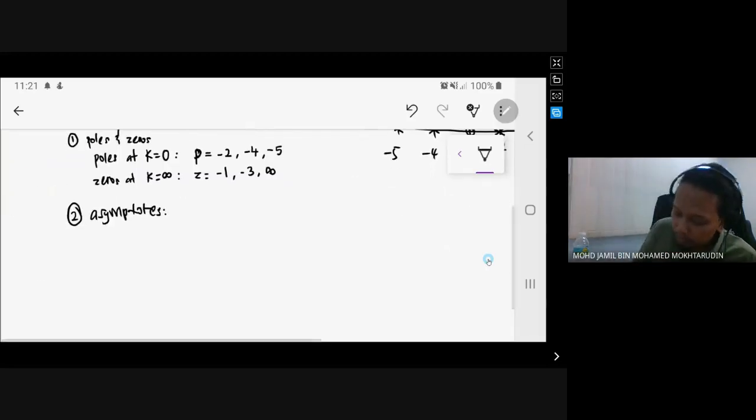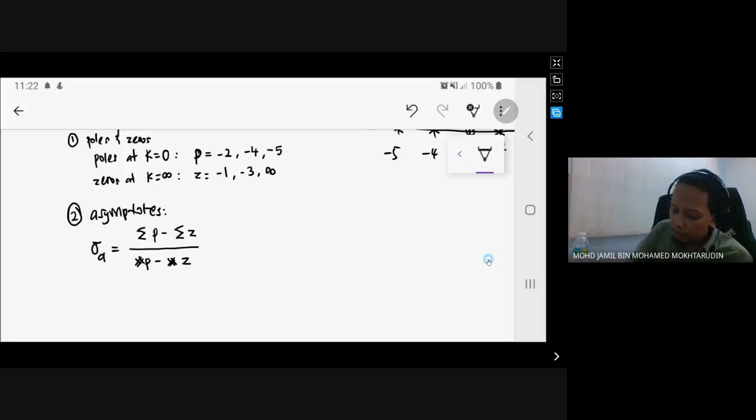Okay, asymptote. So the formula for sigma A is apa tadi? Sum of poles minus sum of 0 divided by number of poles minus number of 0. Okay, so poles kita ialah -2, -4, -5, minus 0, so -1, -3, divided by ada 3 poles minus 2 zeros.